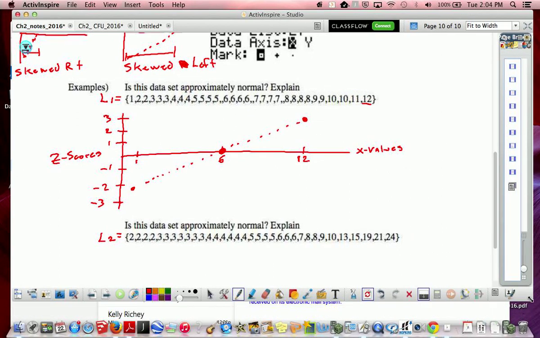So, I still want to answer this question. It says, is this data set approximately normal? Yes. Why? Or explain.